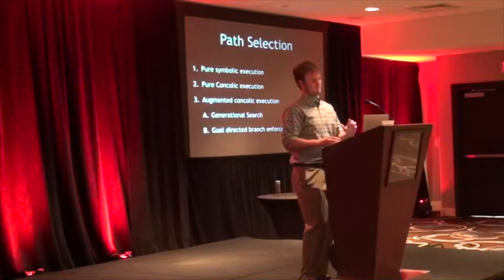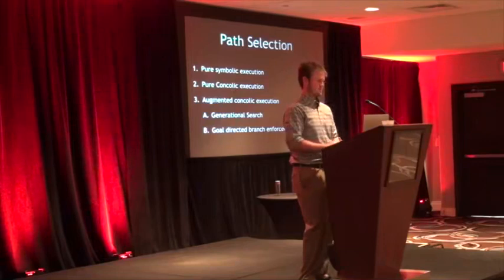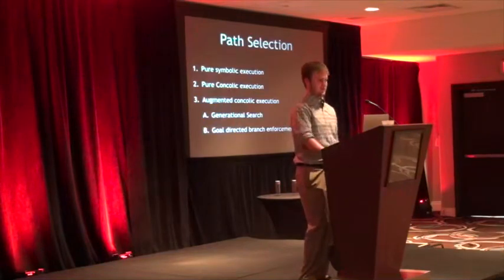And what we then have are some enhancements on concolic execution, of which generational search is one, and goal-directed branch enforcement, which is actually a technique that I worked on with my former lab at that college in South Cambridge.